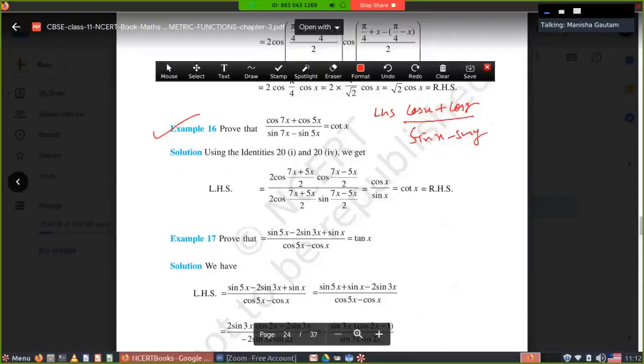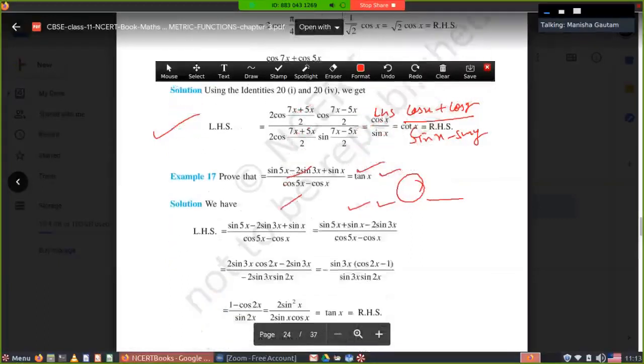I have told you these formulae. In the numerator, 2 cos (a plus b)/2 cos (a minus b)/2, or you can say (x plus y)/2 and (x minus y)/2. Apply this formula in the numerator. In the denominator, one term is cancelled. Which one is cancelled? This cos is cancelled, and here 7 minus 5 is 2x, 2 upon 2 is 2, cancelled, and cos x is here, and in the denominator sin x is there, and cos x upon sin x is cot x, and this is the right hand side.